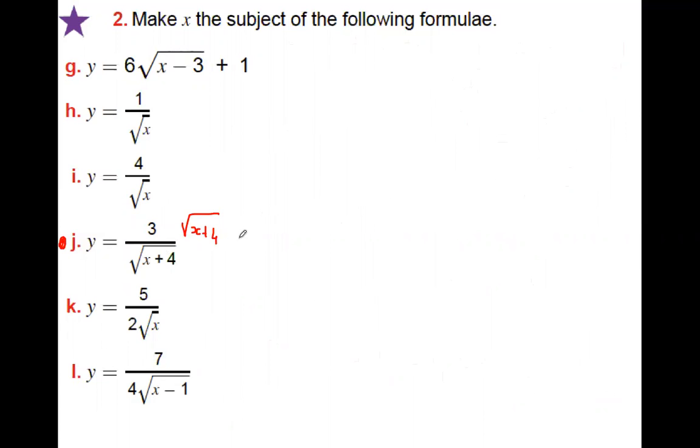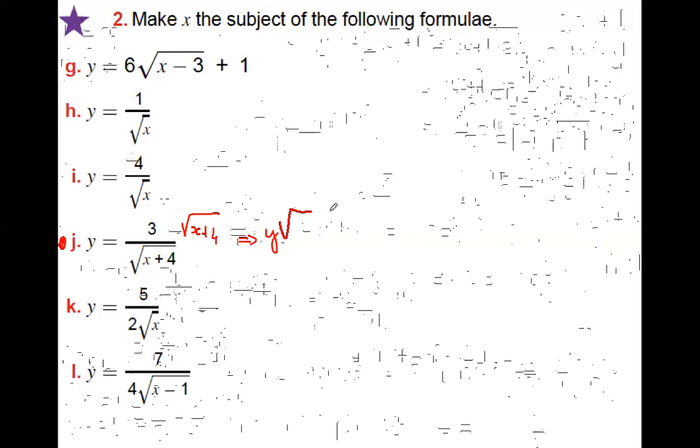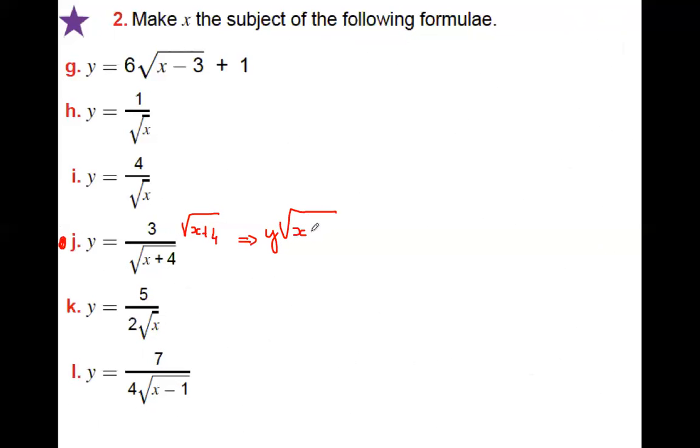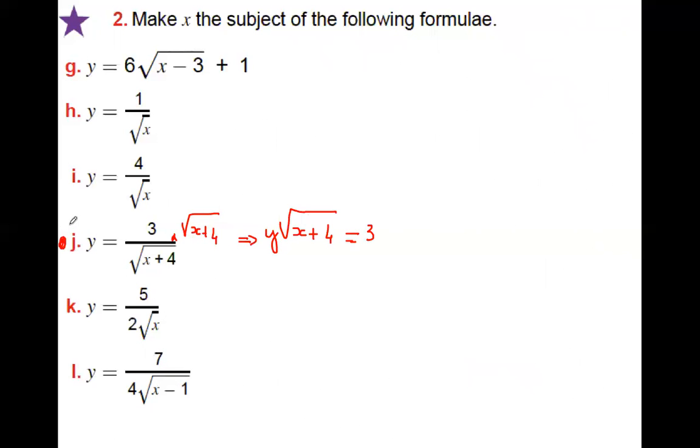But on the other side, I'm going to get y times root x plus 4, right? Do you agree? Equal 3, because I've made that side a 1. Because these two will cancel each other. So basically, we time both sides by root x plus 4.